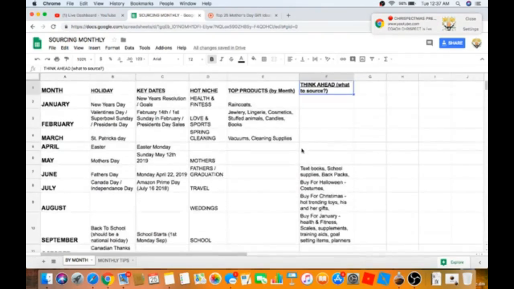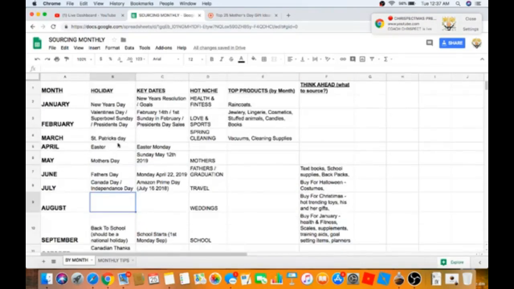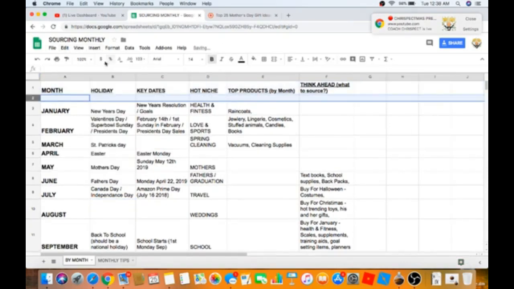So I started creating this. I started putting in key dates, August obviously being one of the slower ones, but I will have this fully filled for everybody to utilize this little spreadsheet or tool to just help you. Let's insert a row. I want a row above.